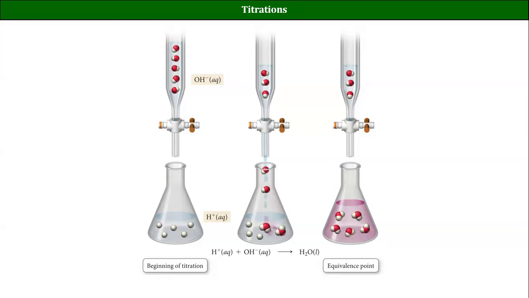So we're going to do a titration to figure that out, where you have a known concentration of hydroxide, and you're going to do this 2 or 3 times, where you add just enough hydroxide to get your vinegar sample to turn pink and stay pink, and then work backwards to figure out what your concentration must be.